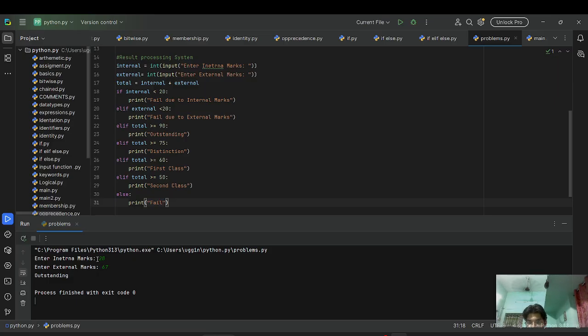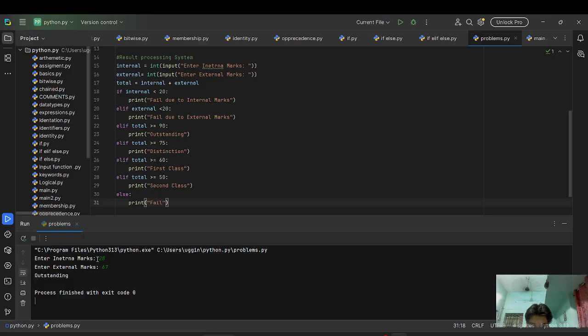The first condition is 28 less than 20, false. Now the second condition, 67 less than 20, false. Now the third condition is the total should be greater than or equal to 90. So 95 is greater than or equal to 90. Therefore Python prints outstanding.